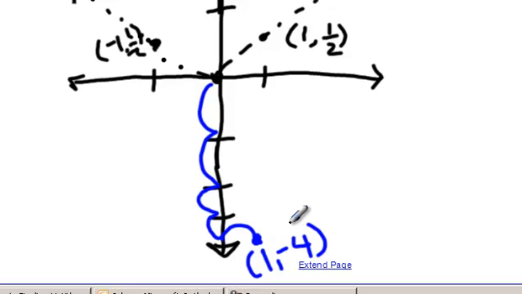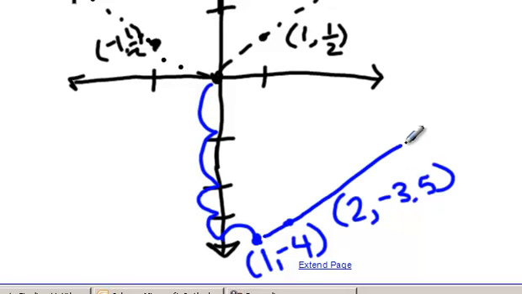And then it is at 2, negative 3.5 for my next point. And the same is true. I'm moving to the right 1, down 4 for this one.